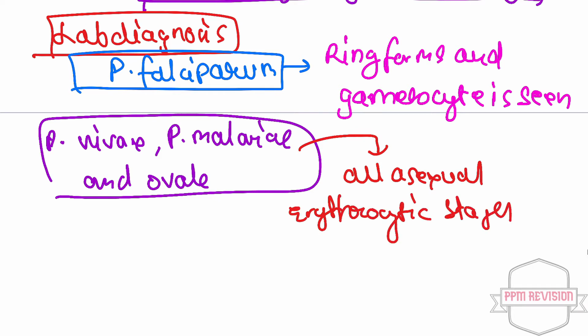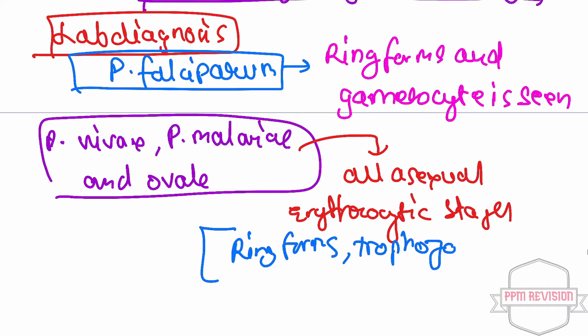So this mainly includes the ring forms, trophozoites, and schizonts.